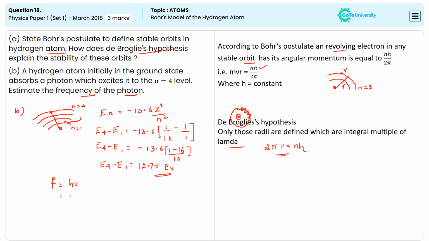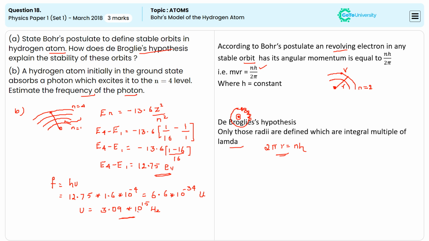Then 12.75 into 1.6 into 10 to the power of minus 19 is equal to 6.6 into 10 to the power of minus 34 into nu. Then nu is equal to 3.09 into 10 to the power of 15 hertz.